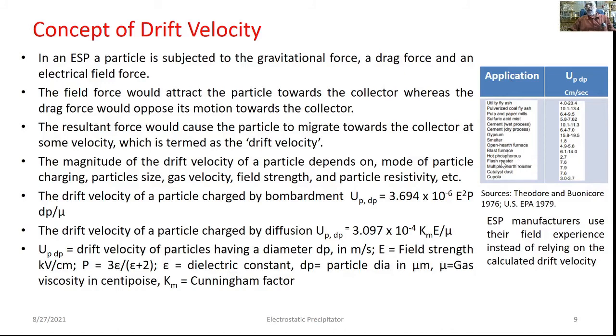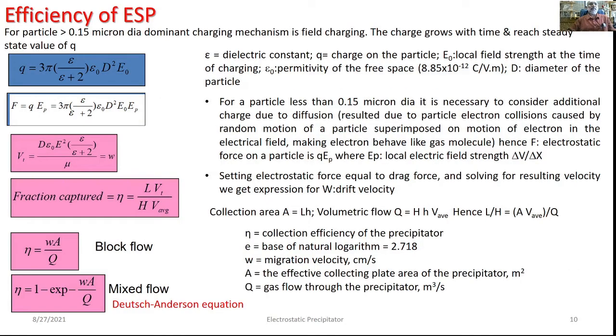Also, the various manufacturers as well as the people working in the field choose the drift velocity based on their experience, instead of relying on theoretical grounds.